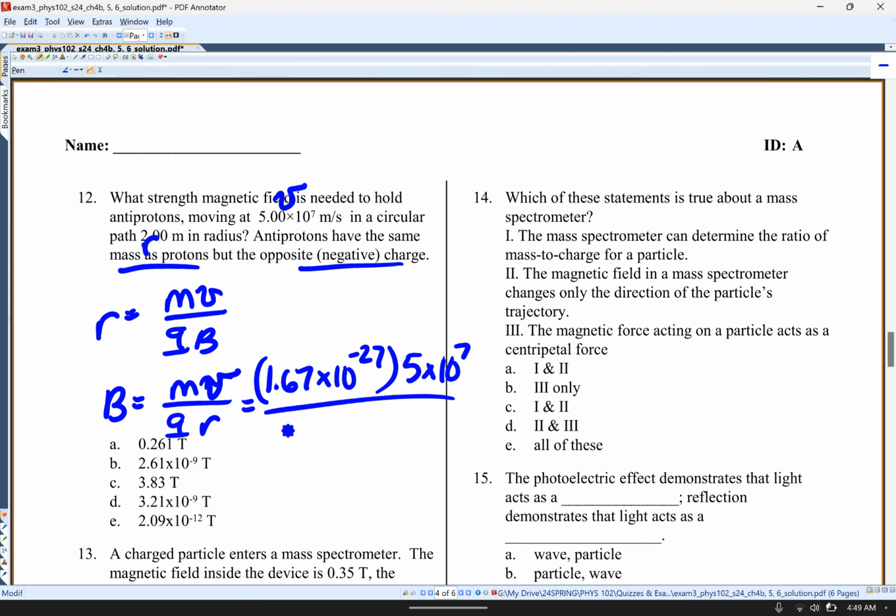That means that it's 1.6 times 10 to the minus 19. The sign's not important here. And then times R, which was given, right? Yeah, 2 meters. And if I solve that, I find that it is equal to 0.261 Tesla. So A is the right answer.